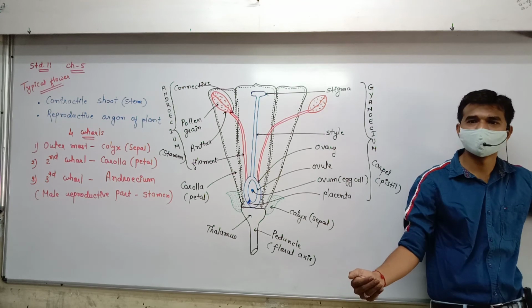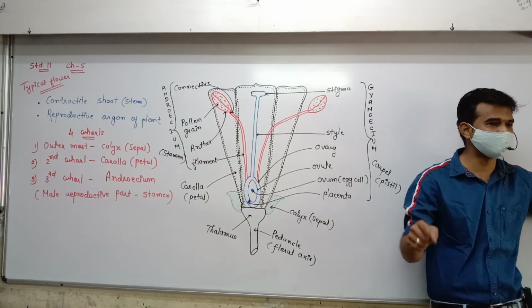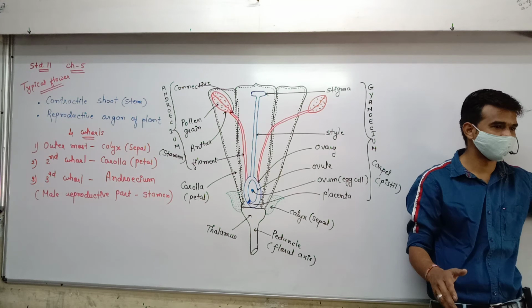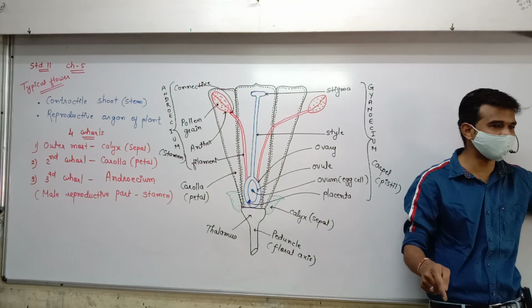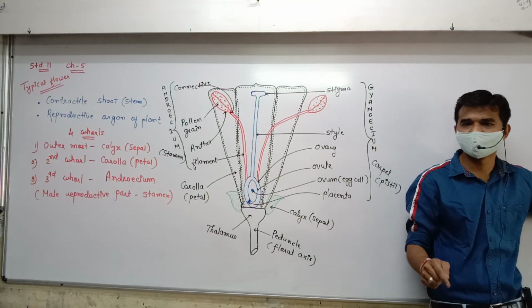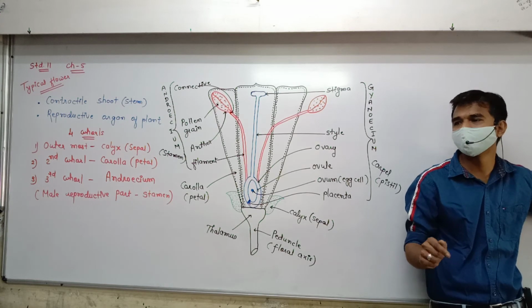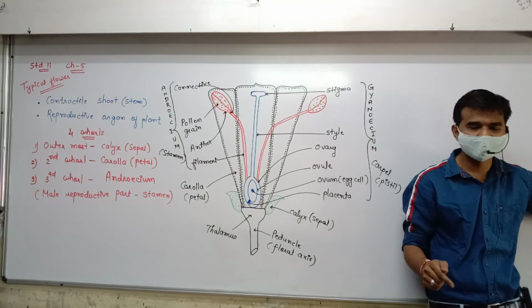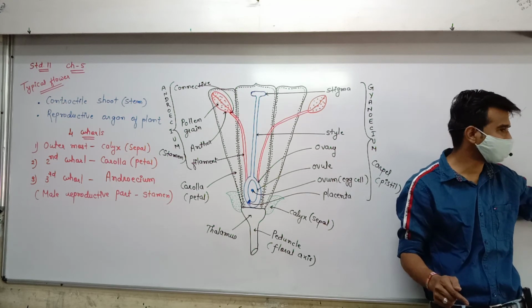But genetically it is self-pollination. Why? Because the pollen grain is of the same plant. So this is about the endothecium.